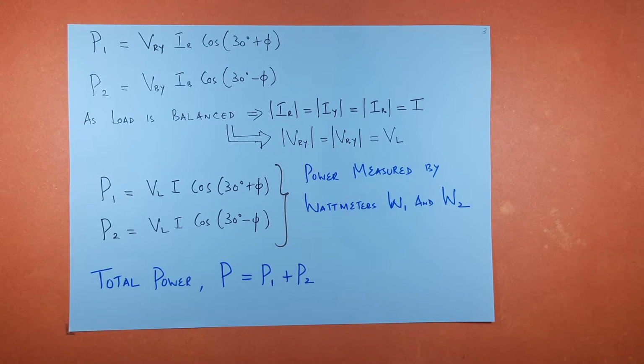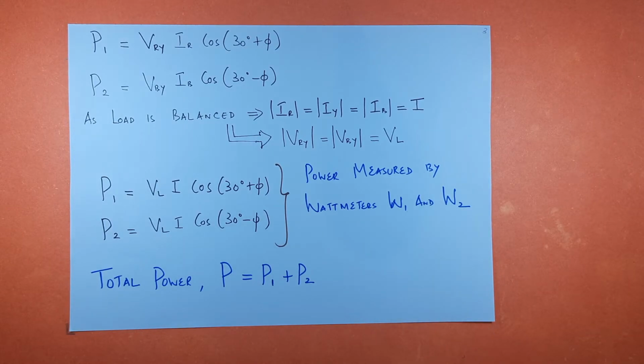So we are considering the balanced system. As the load is balanced, magnitude of IR equals magnitude of IY equals magnitude of IB, let it be I. Likewise, magnitude of VRY equals magnitude of VBY equals VL, the line voltage.